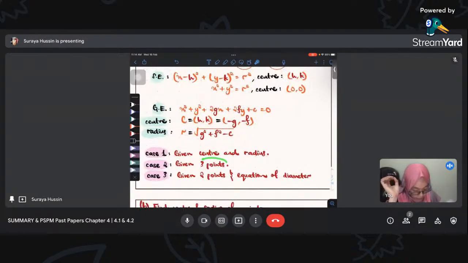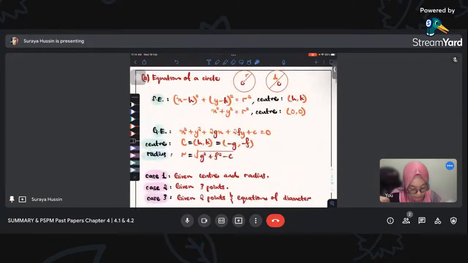And then let's say if you're given 3 points, point A, point B, point C. You tinggal masukkan sahaja point-point tersebut ke dalam equation dia. Salah satu sahaja ya. Just use any equation yang you comfortable. Dua-dua diterima. Okay? So basically most of you will use GE lah.